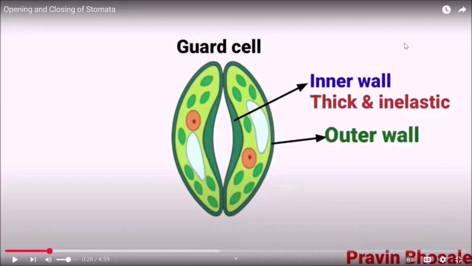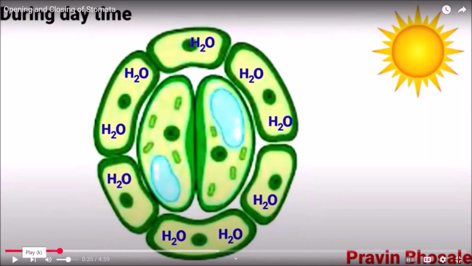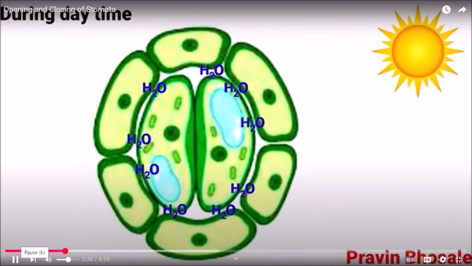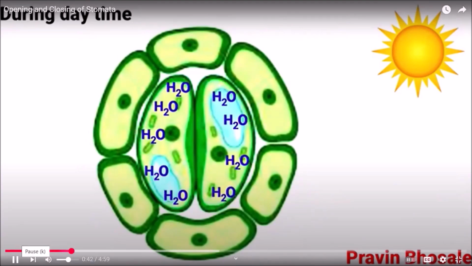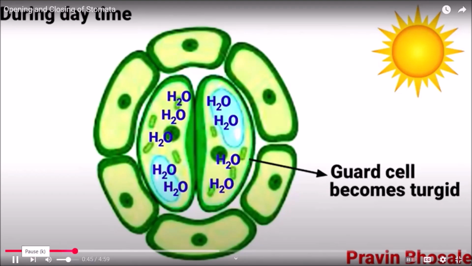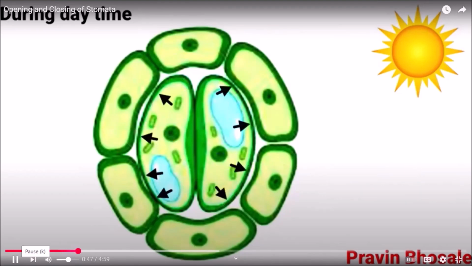So this is the structure of the guard cells. The inner walls are thick and inelastic. The outer walls are thin and elastic. So during daytime, guard cells become turgid by osmosis of water into the guard cells. Water enters inside the cell and the guard cells become turgid.